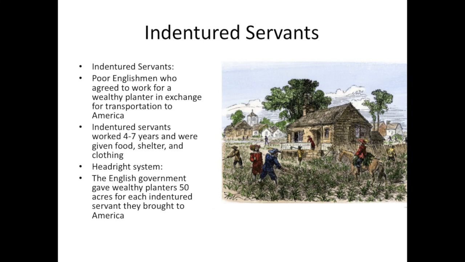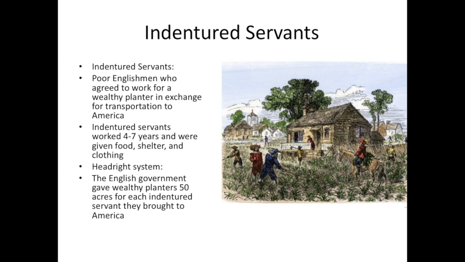So imagine being an indentured servant. When that happens, you basically are being brought over to work on somebody else's land, with the hope of eventually getting a little bit of that piece of land once you finish your contract.